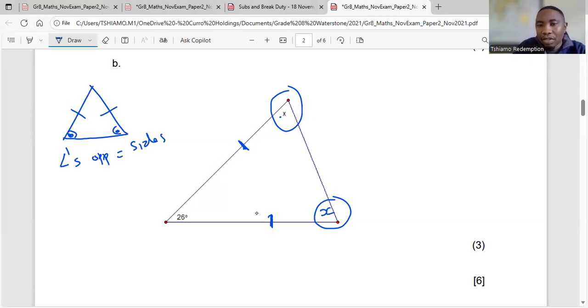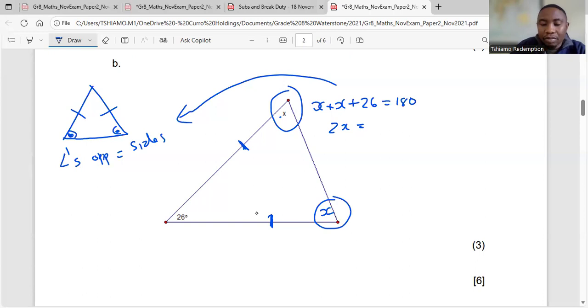So how are you going to calculate this? Two ways of doing it. I can set up the equation: X plus X plus 26 equals 180. And the reason here is angles opposite equal sides. Then I have 2x equals 180 minus 26, which is 154.